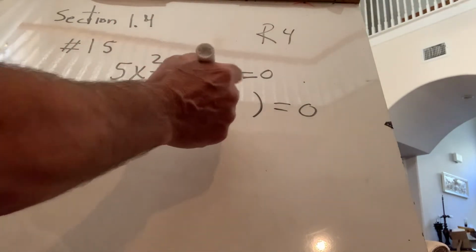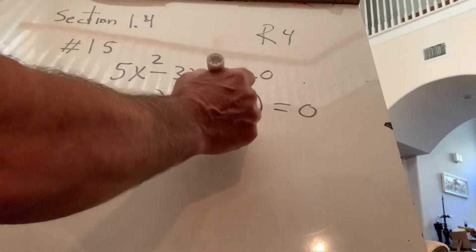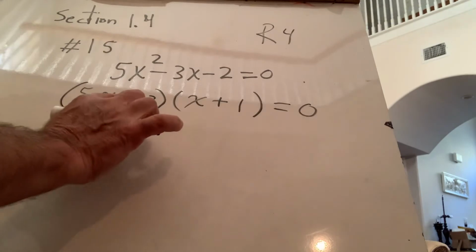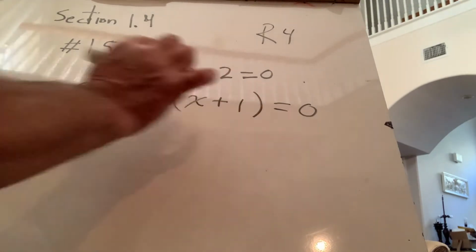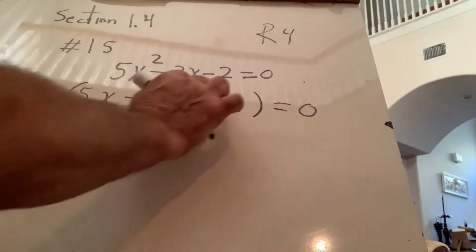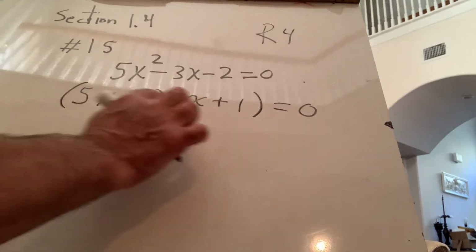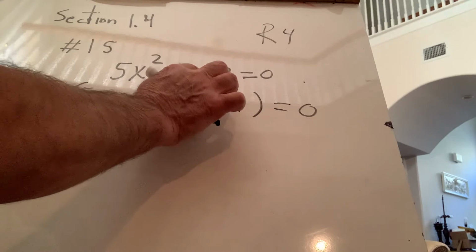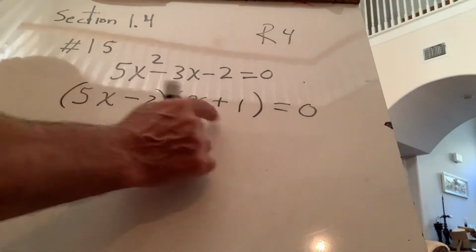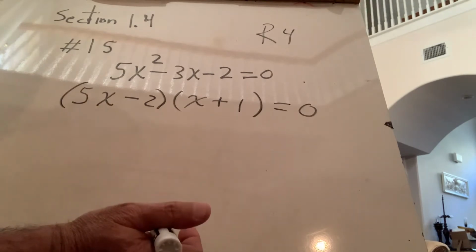So I'm just going to go ahead and put a plus 1 here and a minus 2. You have to make sure the signs add up, right? So negative 2 times positive 1 does give you negative 2. Now it could have been also negative 1, positive 2. That product is still negative 2. So make sure the product of these two numbers, including the sign, is always the constant term. Now the way we know if these are the correct factors, this is why the method is called trial and error.